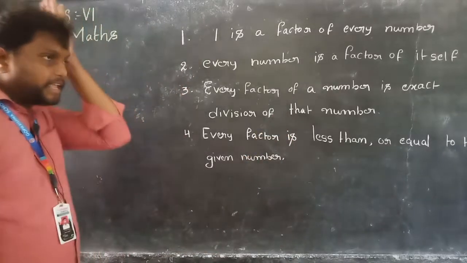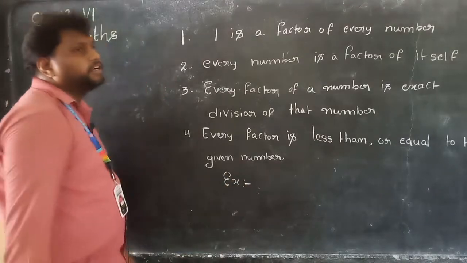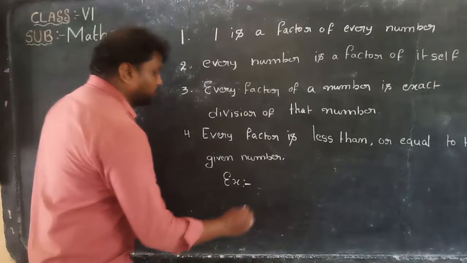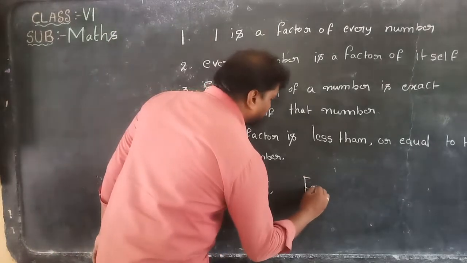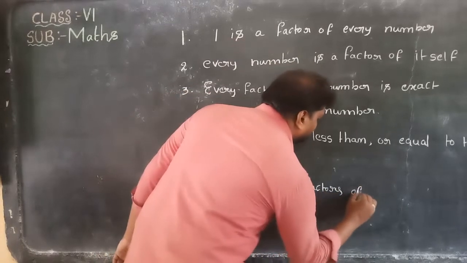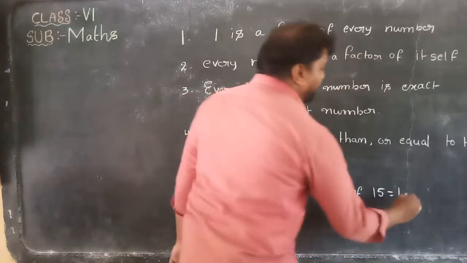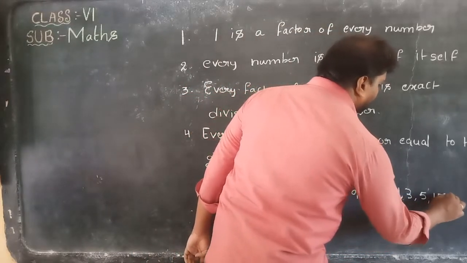Okay, we'll take one more example. Which number do you want to take? 15, I will take. What are the factors of 15? Factors of 15 are 1 compulsorily, then 3, then 5, then 15. Why?